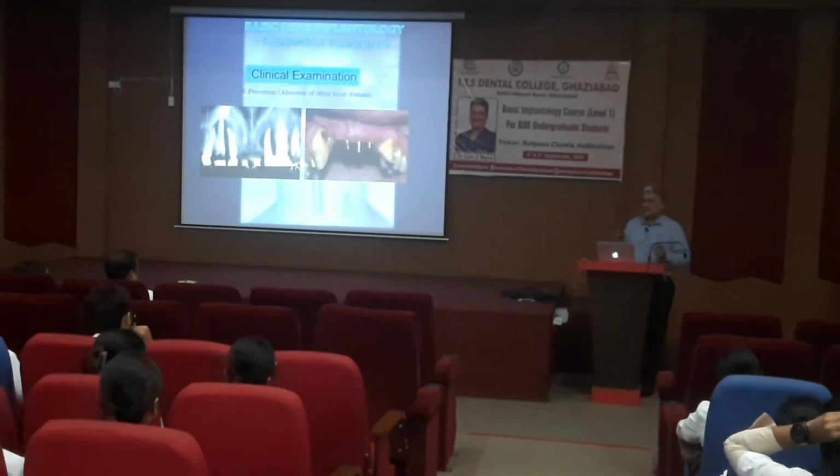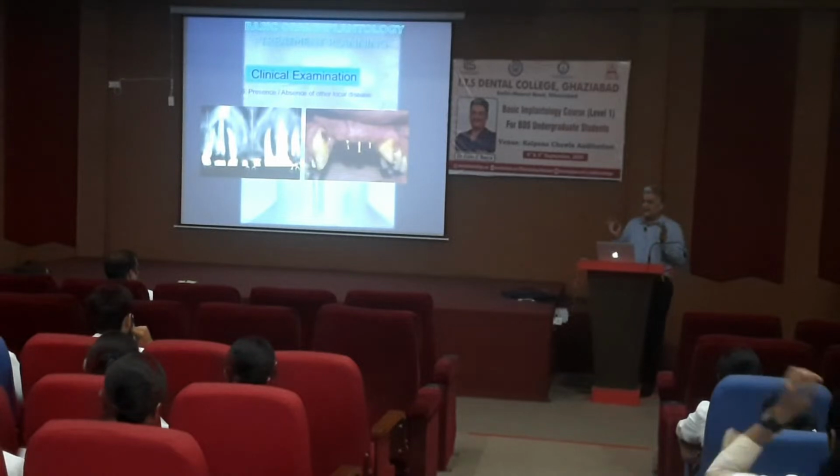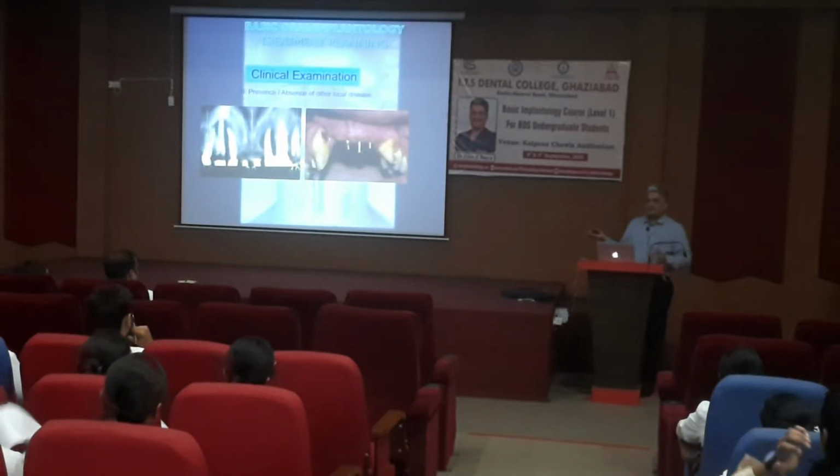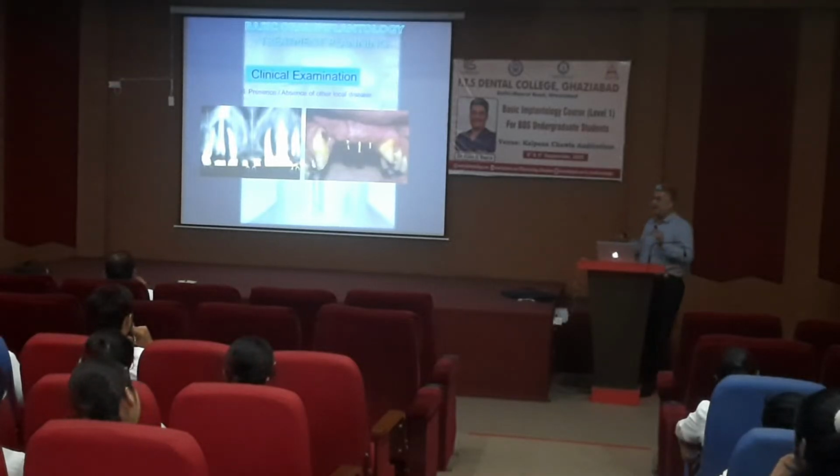Why is it necessary? Otherwise, many a times they are absolutely symptomless. They keep increasing and they will spoil your bone around the implant. They eat up the bone around your implant. So that is why it is a must that you identify and treat the adjacent pathologies also.